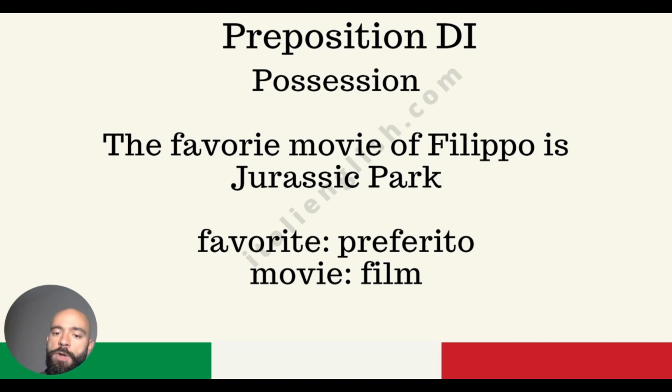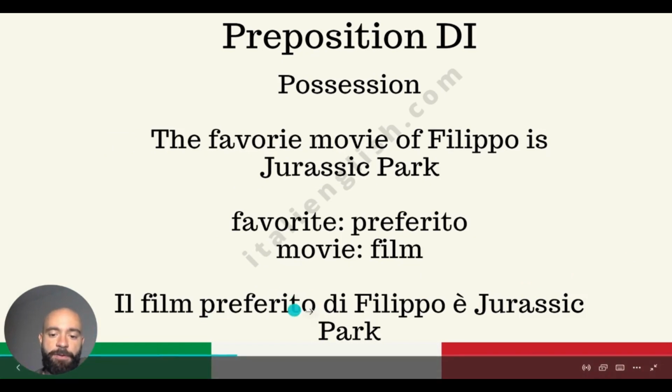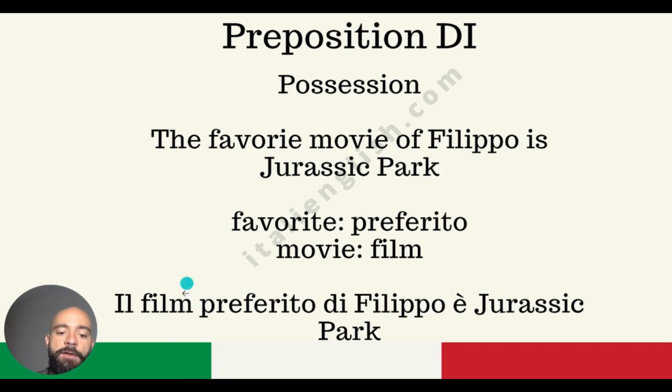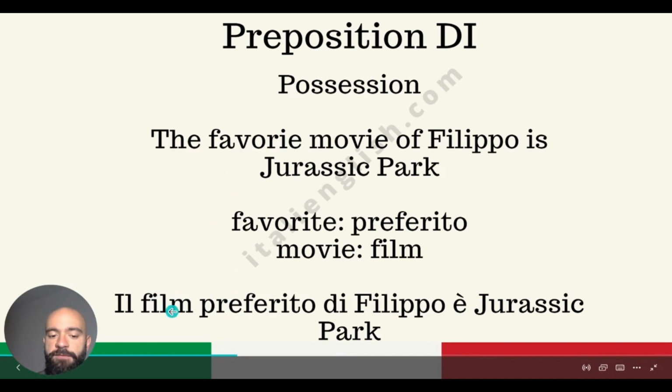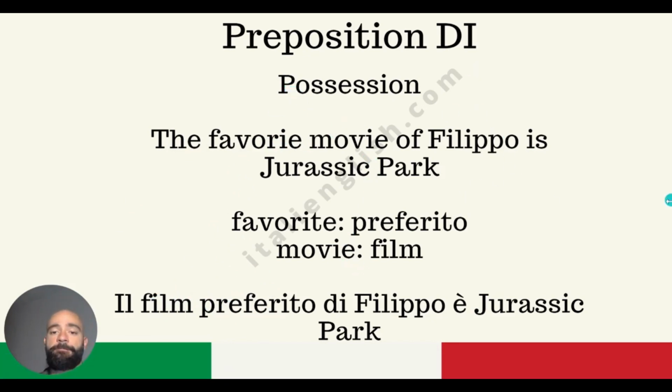Pause this video. When you're done, let's check it out. So the translation is: il film preferito di Filippo è Jurassic Park. The favorite, misspelling, pardon me, preferito, which tends to be put after the noun, film is movie, of Filippo is Jurassic Park. That's it. Okay.